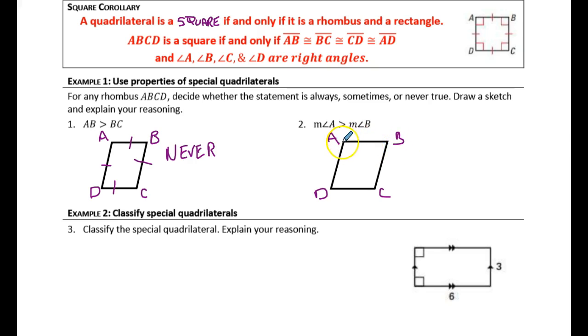Now, if they're both 90, then that would be a square, but that is possible because that's technically still a rhombus. So this would be a sometimes. A is not always bigger than B. B could sometimes be bigger than A.